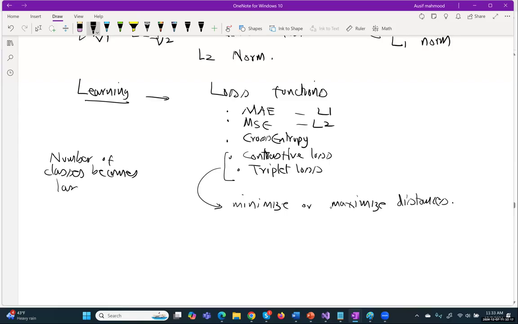As I mentioned, when the number of classes becomes large, for multi-class classification, which one of these is the best loss? Cross entropy. But when the number of classes becomes large, cross entropy also does not work well. It still works, but not as effectively as when we have a few dozen or a few hundred classes.